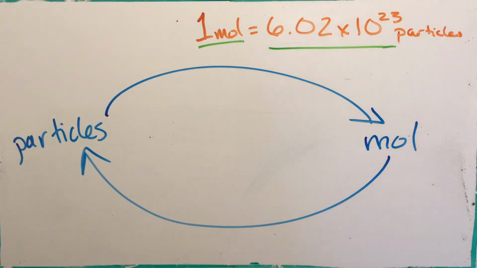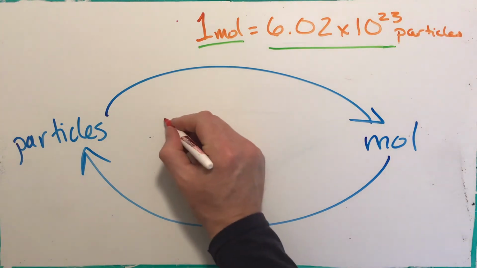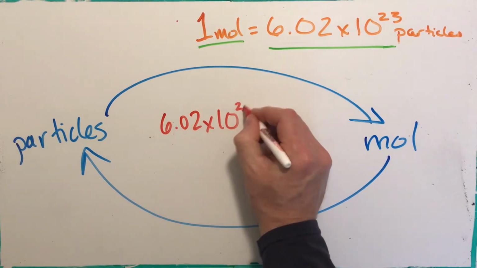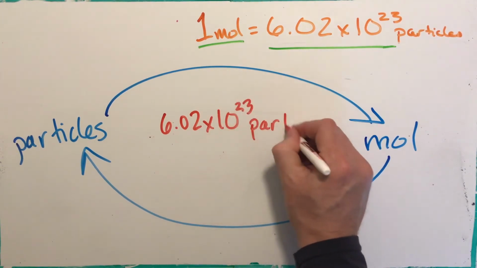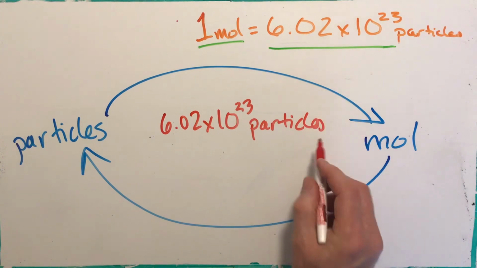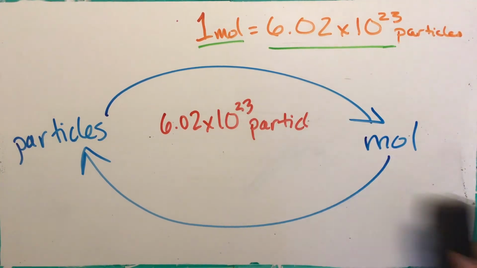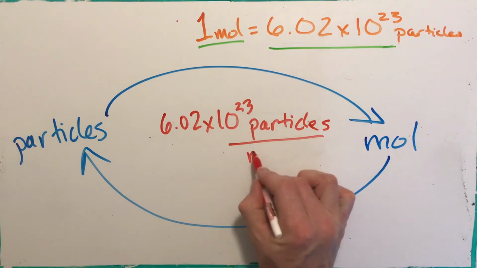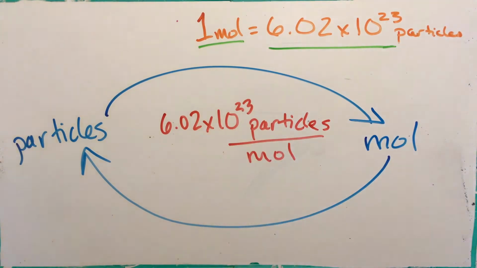In the last example with the eggs, it was 12 eggs per dozen. Here, my conversion factor is 6.02 times 10 to the 23 particles per mole.